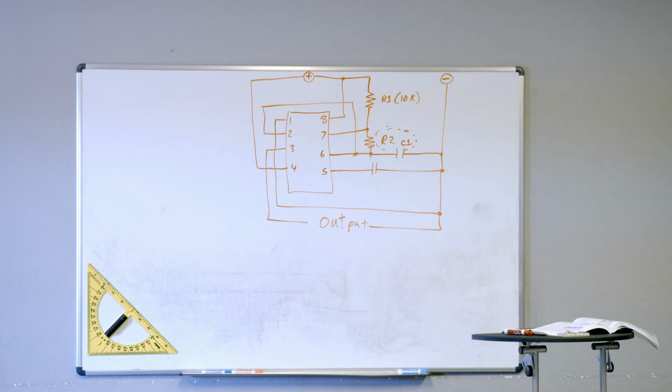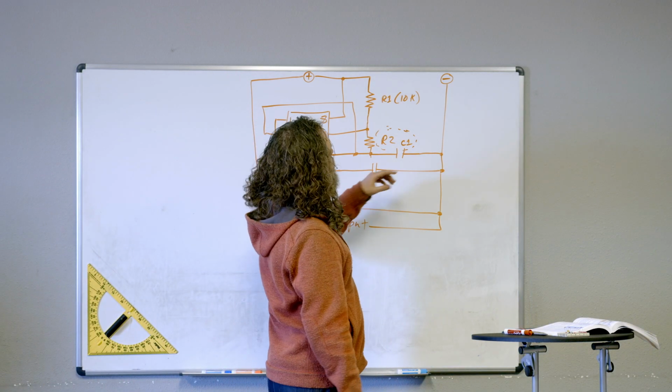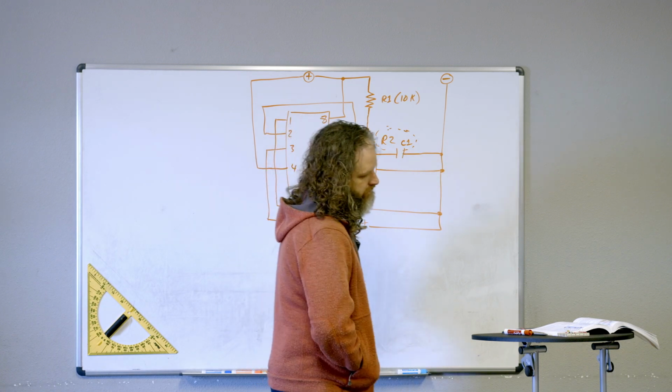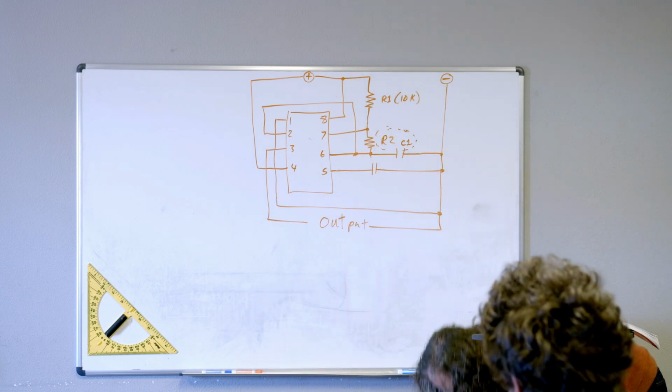Don't unplug stuff so other people can do things. What capacitor should I use for the C1? I would use the 10 microfarad for now. And that one's the 106? Mm-hmm. It is.